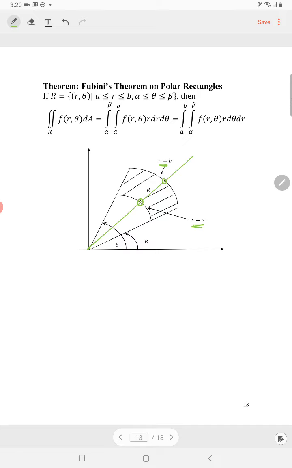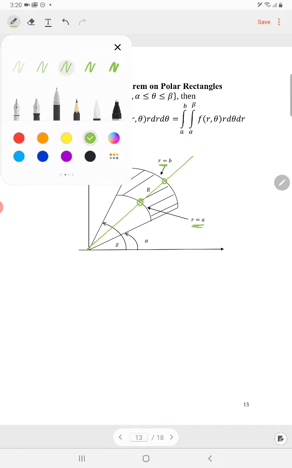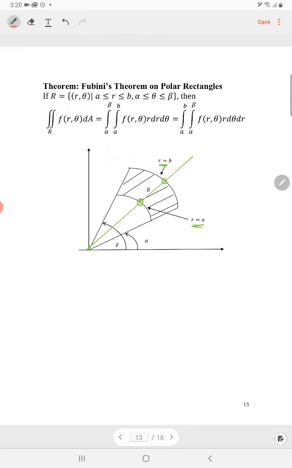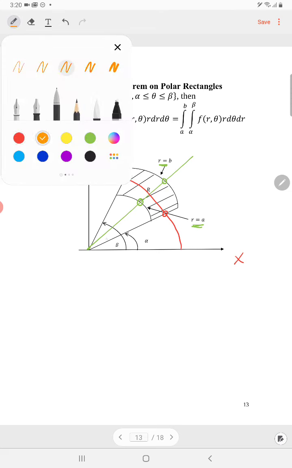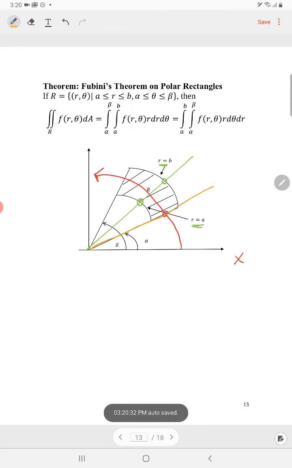And for the limits for theta, you draw a curve from the positive x-axis across your region, and see where it crosses first and where it crosses last. The one it crosses first is a straight line, which is theta equals alpha. So this is the lower limit for theta, which is alpha.